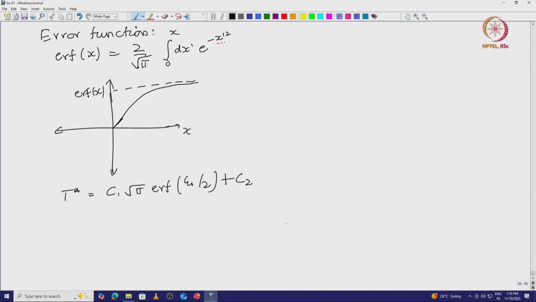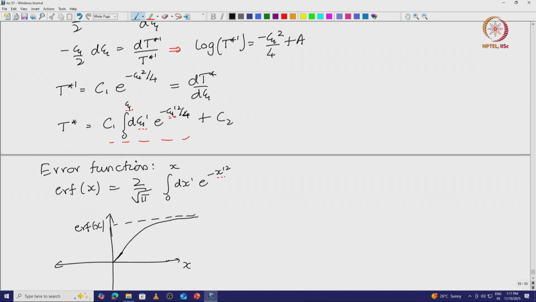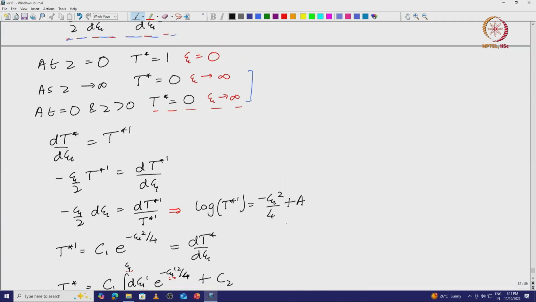So, this is the solution for the temperature field that contains two constants. Those constants have to be determined from the boundary conditions at psi is equal to 0 and psi goes to infinity. Note that those boundary conditions were T star is equal to 0 as psi goes to infinity, T star is equal to 1 at psi equal to 0.